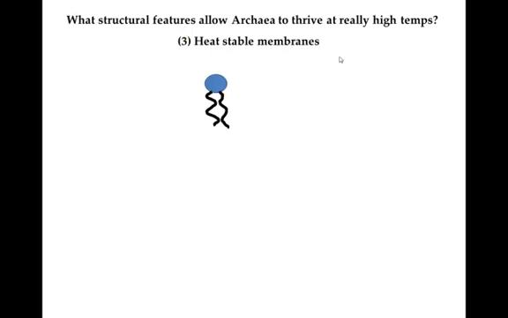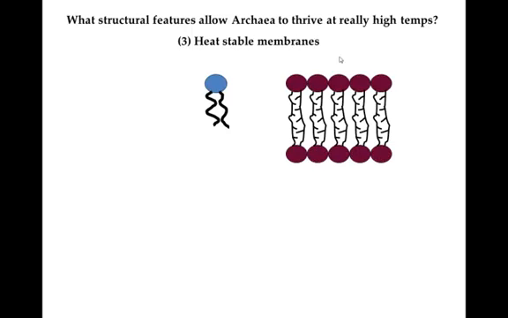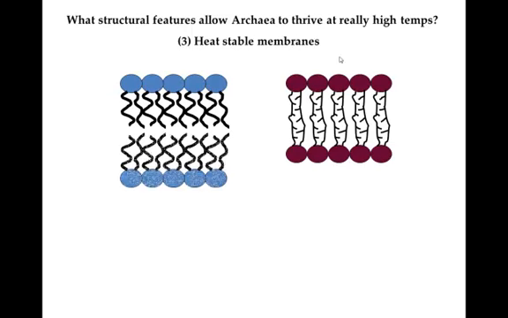Now let's compare this phospholipid to the type of fatty acid chain that you'll see in an archaeal cell. And let's look at it in context of its membrane. So what you can pick up right away from comparing a bacterial or eukaryotic membrane to an archaeal membrane is that in Archaea, their heads are covalently linked to one another.